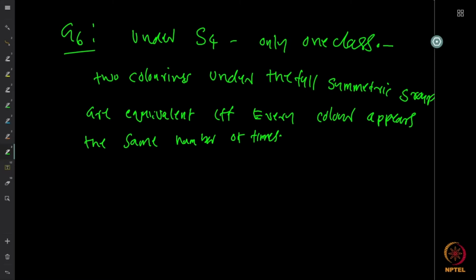So therefore, when you take permutations, a permutation cannot change the number of times a color appears, right? We are just saying that this cell is mapped to this cell, that cell goes to this cell, etc. But the colorings remain the same in count. So that is it.